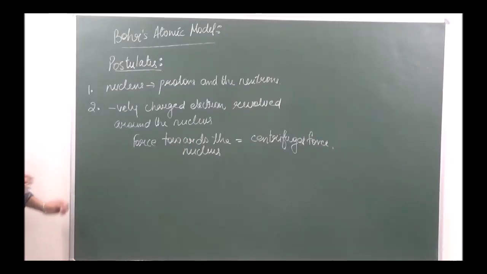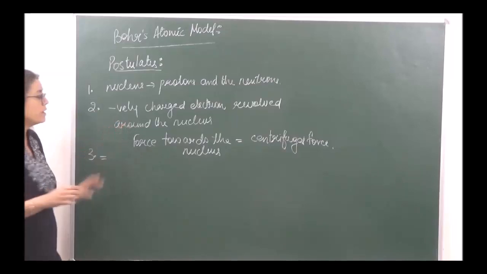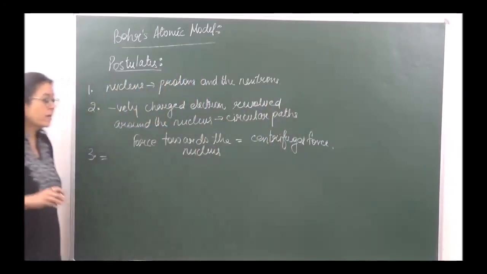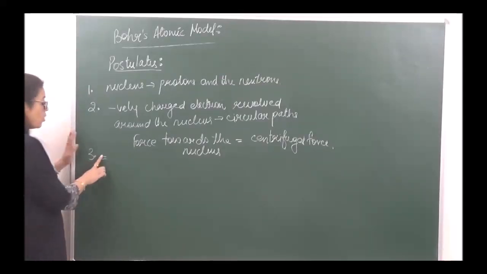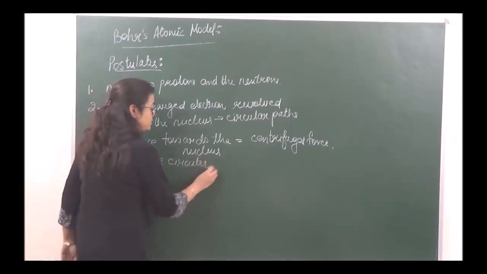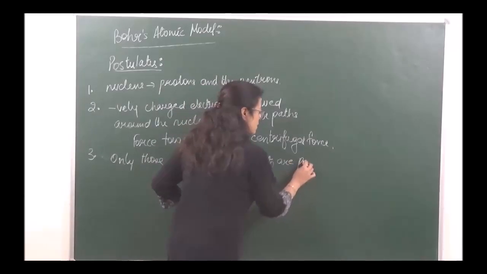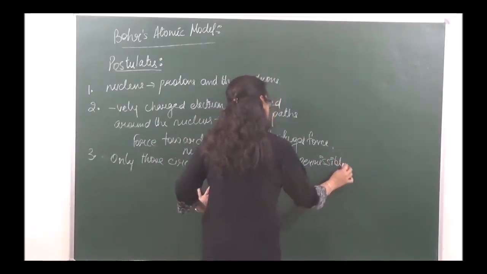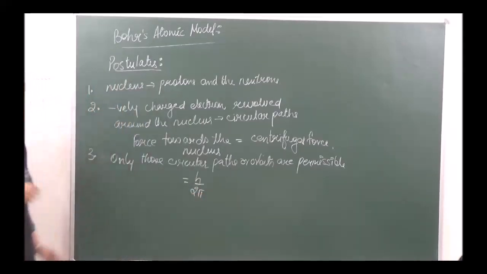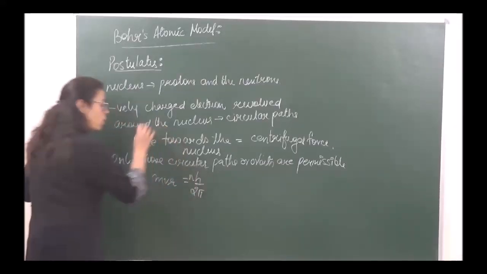Then the third postulate was that out of an infinite number of circular paths, along which this negatively charged electron is revolving around the nucleus, according to Bohr, only those circular paths or orbits are permissible which have an angular momentum that is an integral multiple of h upon 2 pi.